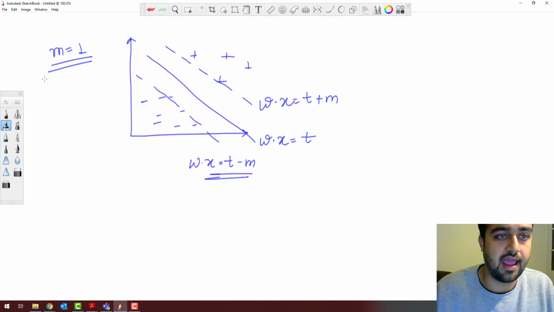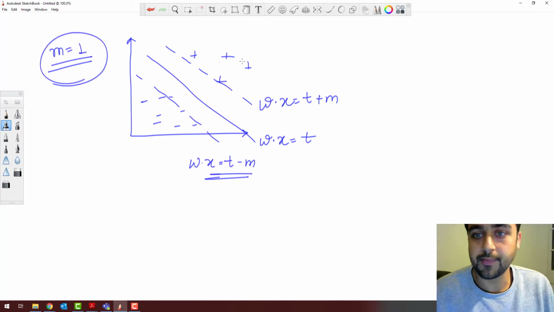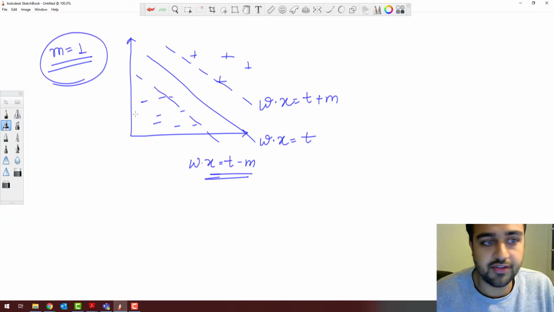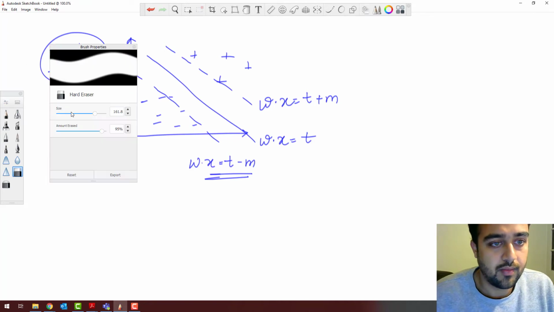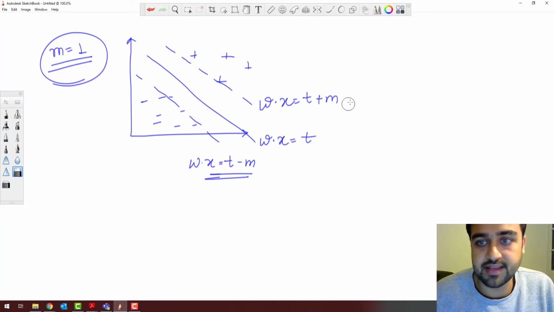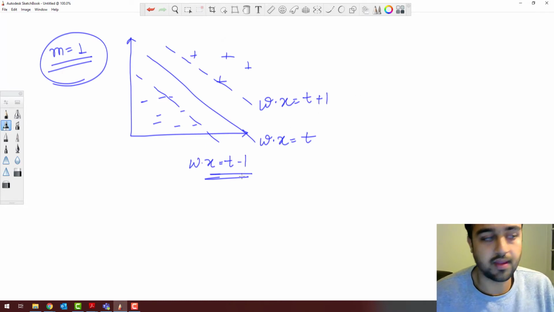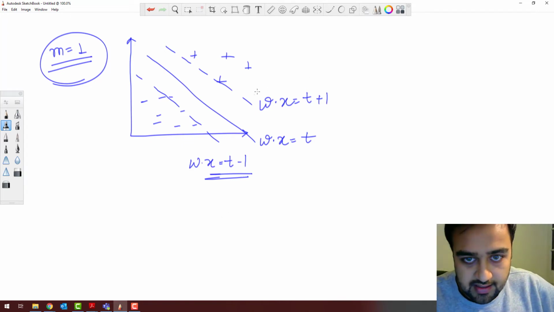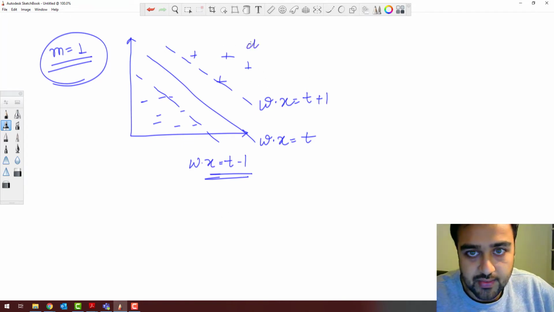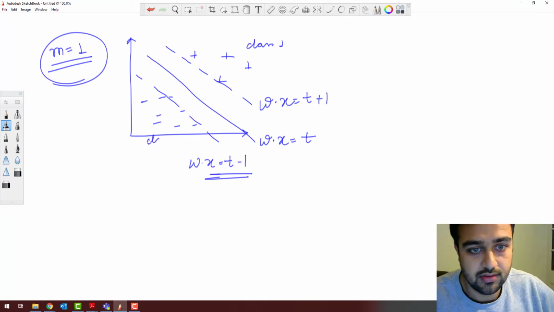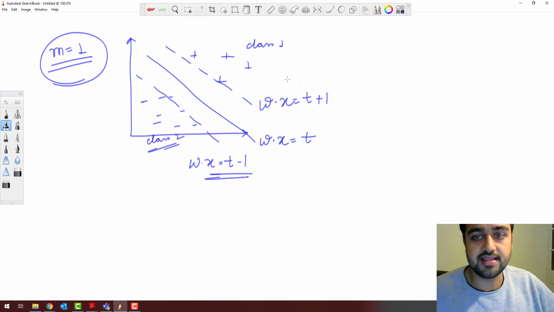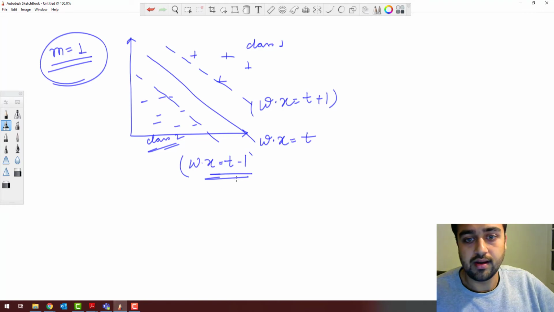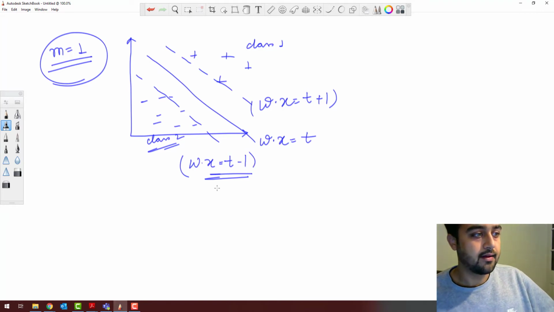As we have taken the m value as equal to 1, instead of t plus m, the equation of our separating hyperplanes become t plus 1 and t minus 1, right? So let's say this is class 1, this is class 2, this gives us the equation of our two decision boundaries, right?